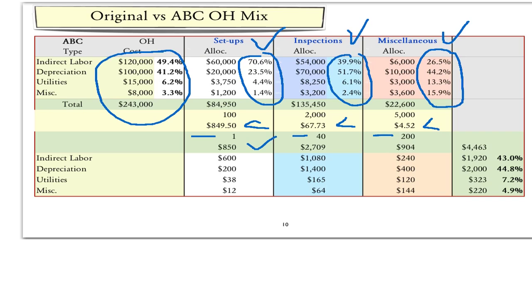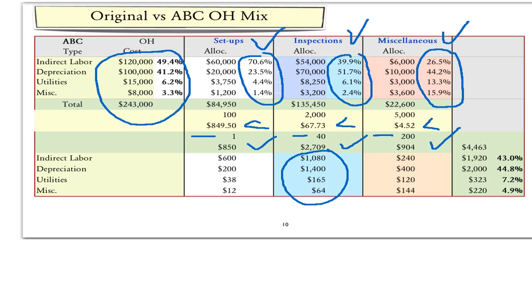We ended up with $850 of setup costs, $2,709 of inspection costs, and $904 of miscellaneous costs. If we look at the inspection costs, we see that the $2,709 breaks down into $1,080 of indirect labor, $1,400 of depreciation, $165 of utilities, and $64 of miscellaneous costs.